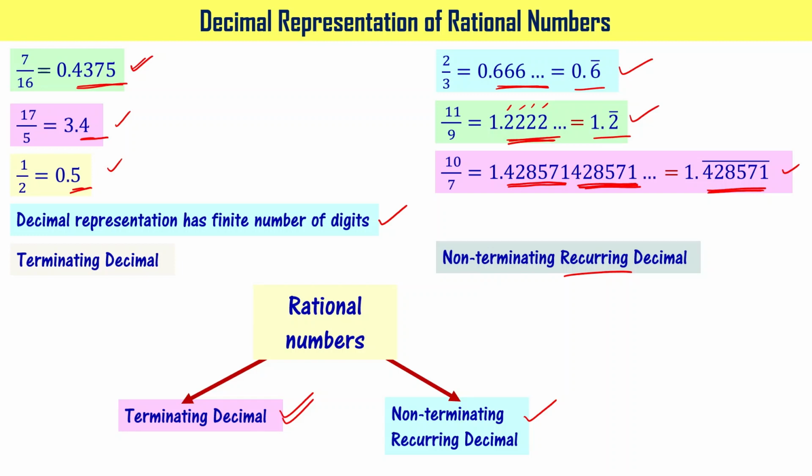When you have another rational number 2 by 3, you got a non-terminating recurring decimal when you converted 2 by 3 into decimal form, right? So this is what you have to note. When you convert a rational number into its decimal form, you may either get a terminating decimal or a non-terminating and recurring decimal. Please note this.